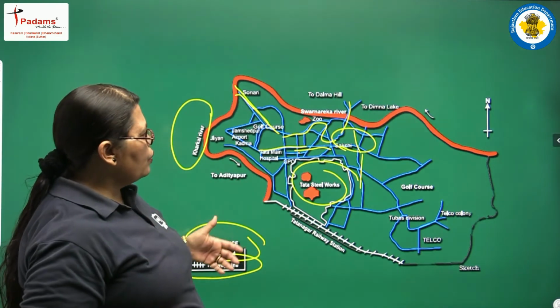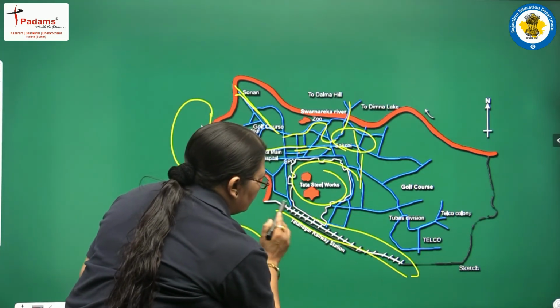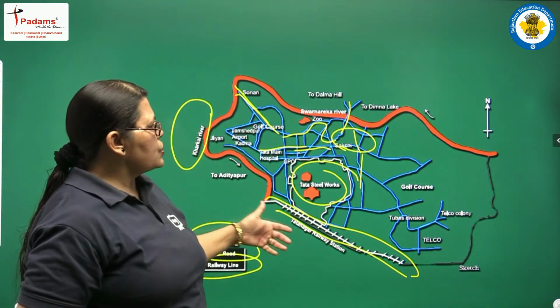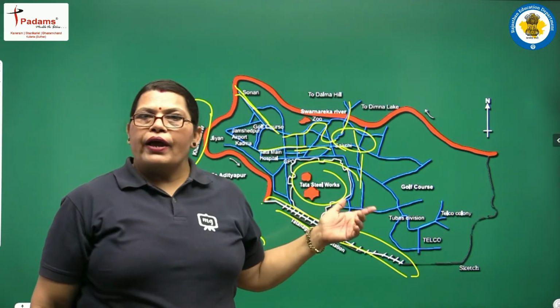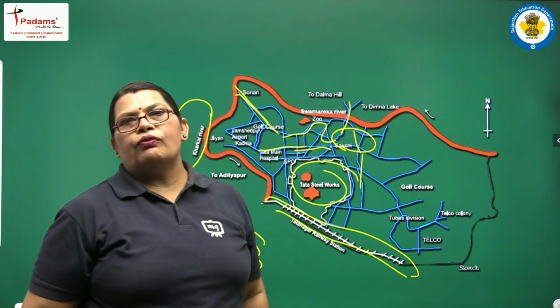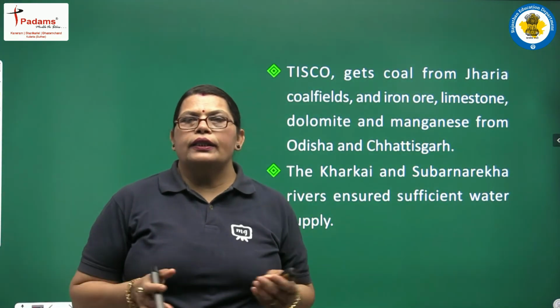When we are talking about different railway lines, this one is the Tata Nagar railway station. So transport facility is very much available, and for this reason TISCO needed to be established at that time.